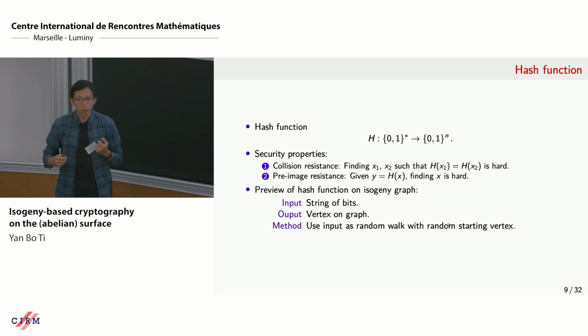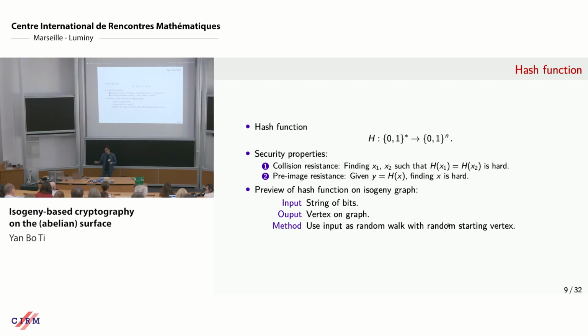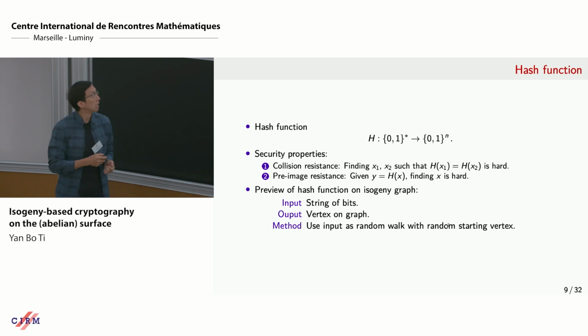The method you're going to use to obtain this output from the string is to conduct some random walk on the graph using the input, and the final vertex of the walk will be the output of this hash function. Okay, so you need to again check that you have collision resistance and pre-image resistance.